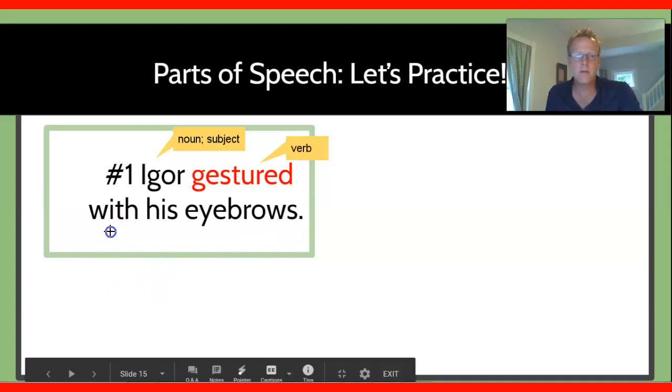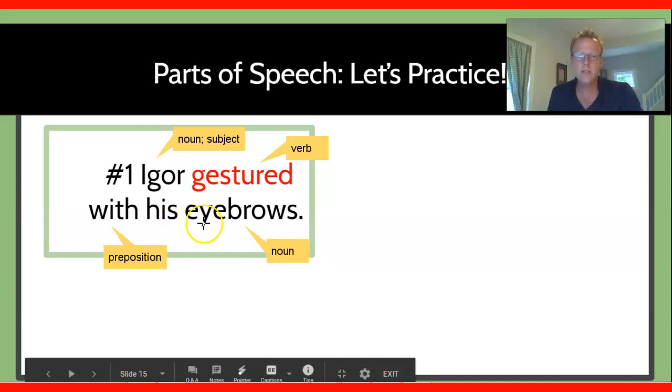Okay, how about with? Hey, guess what? It's a preposition. And remember, prepositions always show the relationship between two nouns. So here's our first noun, Igor. And guess what? It's showing the relationship with Igor and his eyebrows. So let's just label it. We know that's a noun.